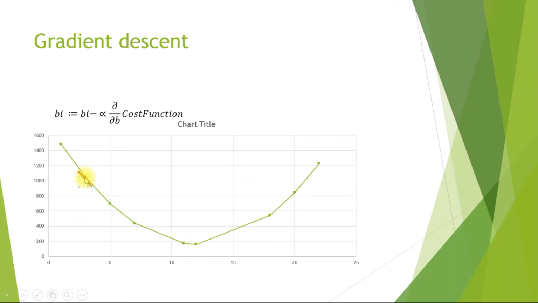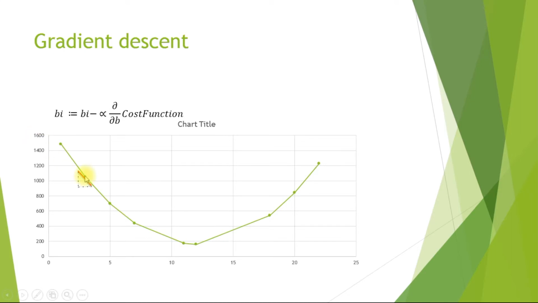Our steps should not be so long that we miss this point, reach here, skip the minimum, and then start moving upwards again. In that case we miss the local minimum and land at a different point. We should not do this, hence our steps should be quite accurate.